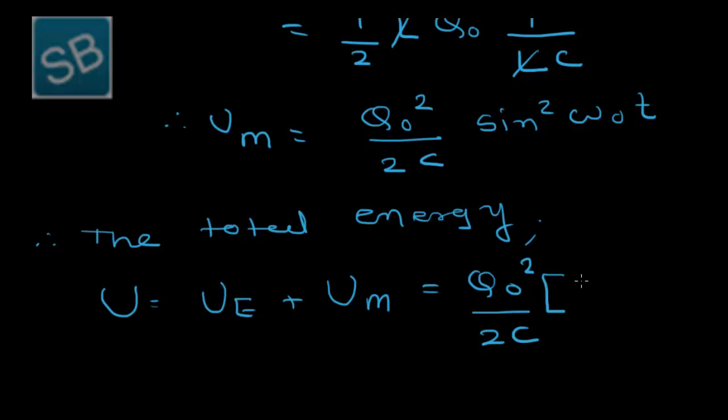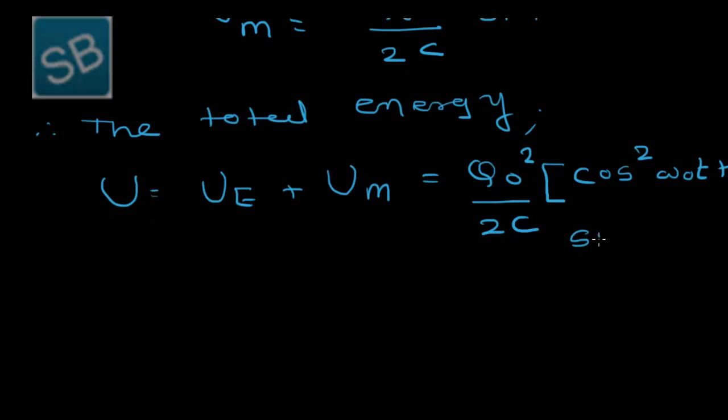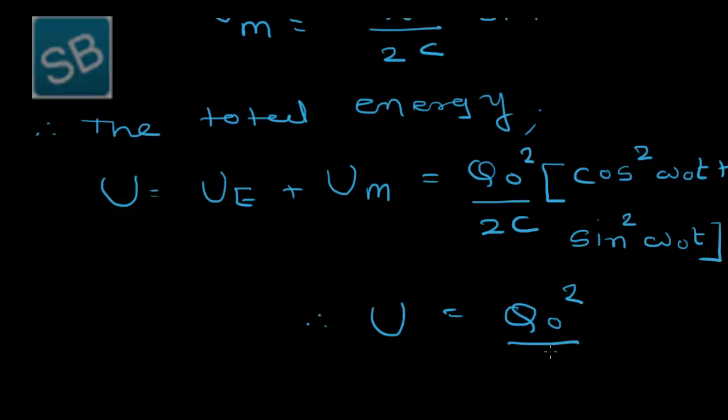And inside the bracket, cos square omega 0 t plus sine square omega 0 t. Now, cos square theta plus sine square theta is equal to 1. But instead of theta, here we have omega 0 into t. But it doesn't matter. The relation means cos square plus sine square will be 1. And therefore, the total energy is equal to Q0 square upon 2C.